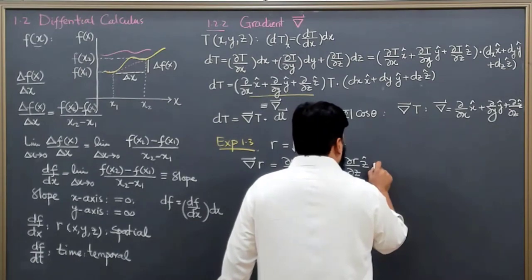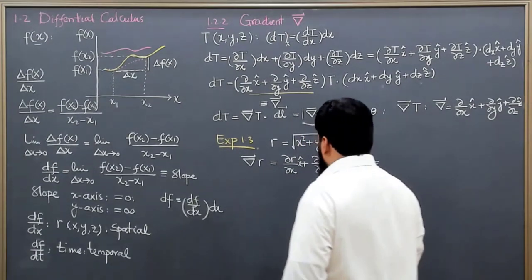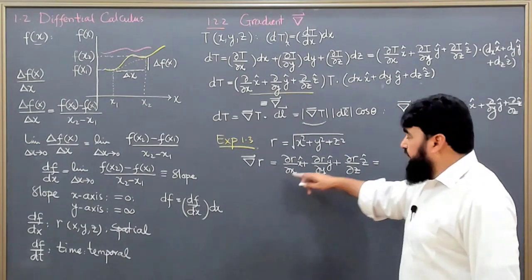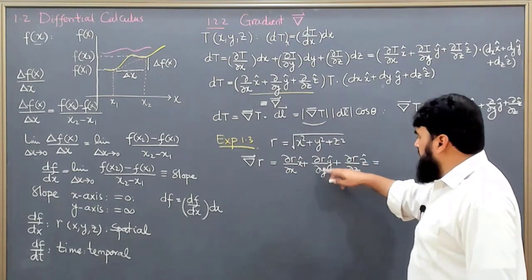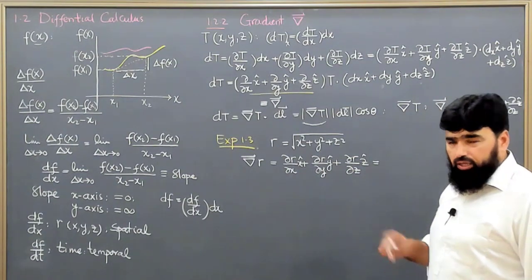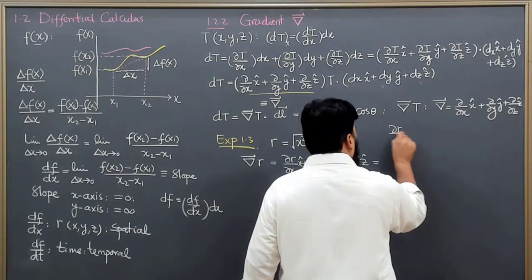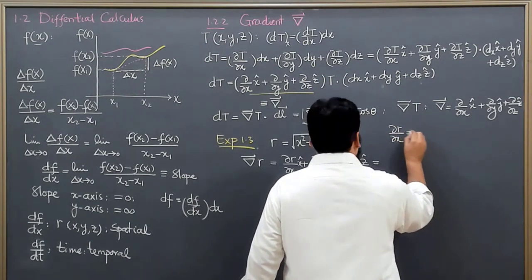And now this is symmetric in nature, meaning whatever we get for ∂r/∂x, it will be the same for ∂r/∂y. So let's first find ∂r/∂x.